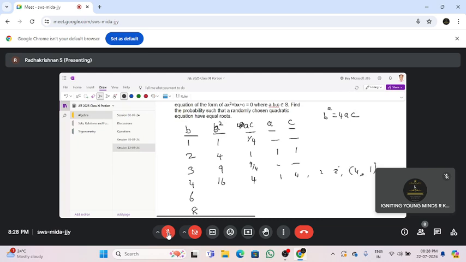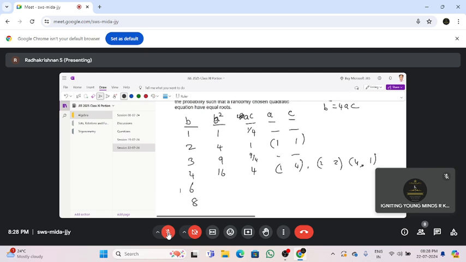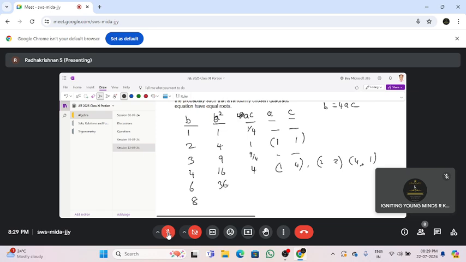Okay. Similarly for 6, 6 square by 4, so 9 is needed. Only 3 3, because nothing else will come. For 8, 4 4 and 2 8, right?